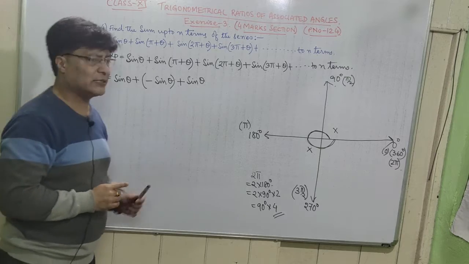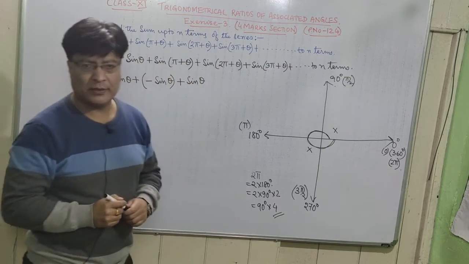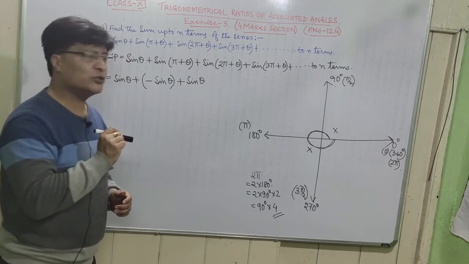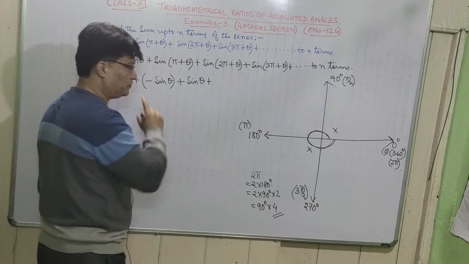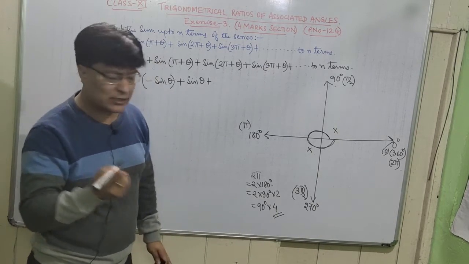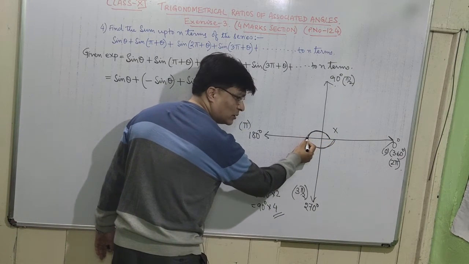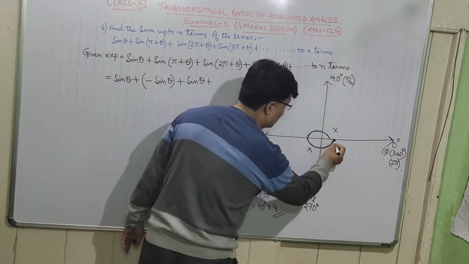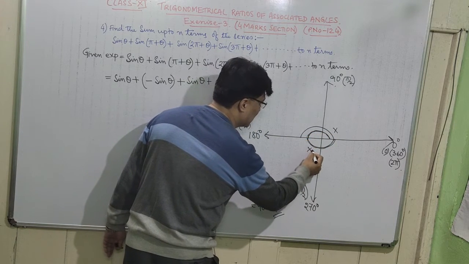Okay. Next, what's about this sine 3 pi plus theta? So here also let us check in which quadrant does this angle 3 pi plus theta lie. So 1 pi means half round, 2 pi means full round, 3 pi means half round plus theta.